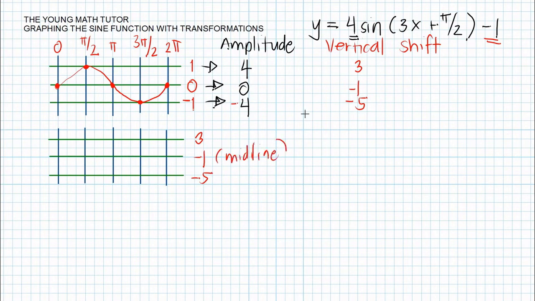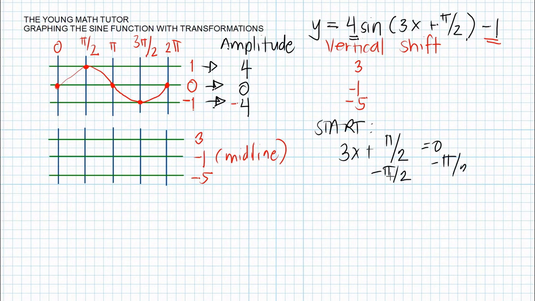So now let's determine the start and end of our function. What we can do is equate the term inside the sine function to 0, because we know that our graph starts at 0. So that will be 3x plus pi over 2 equal to 0.